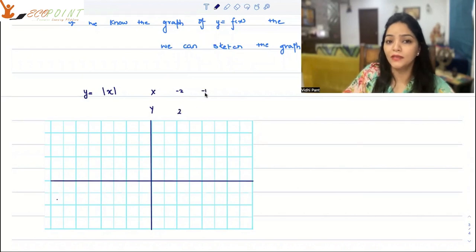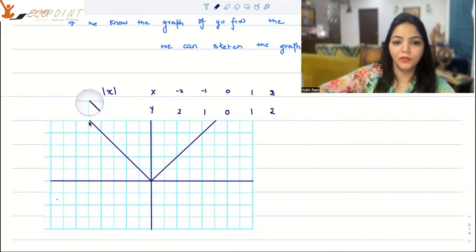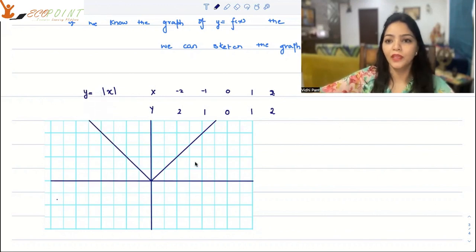If x is minus 1, y is 1. If x is 0, y is 0. If x is 1, y is 1. If x is 2, y is 2 again. So it moves something like this here, and similarly, it's going to move here. So a V shape is the graph for modulus of x.